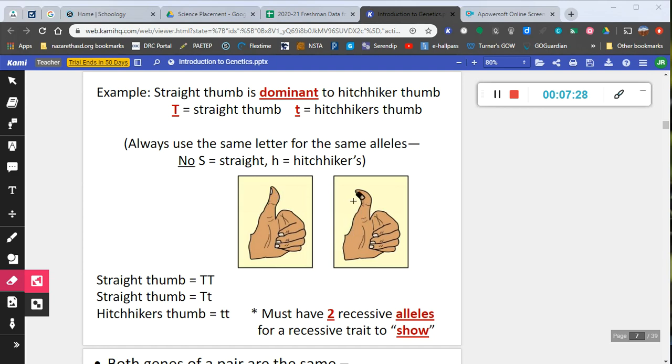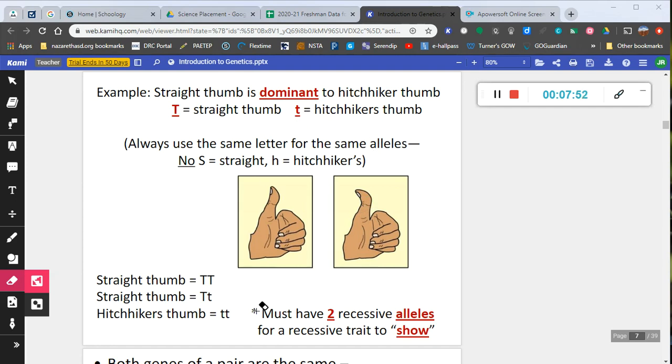So having that curve, this guy over here is a hitchhiker's thumb, and not having it, we consider that straight. Now in this case, having a straight thumb is the dominant trait, so we assigned a capital T to it, and having a hitchhiker's thumb is a recessive trait, so we assigned a lowercase t for it.